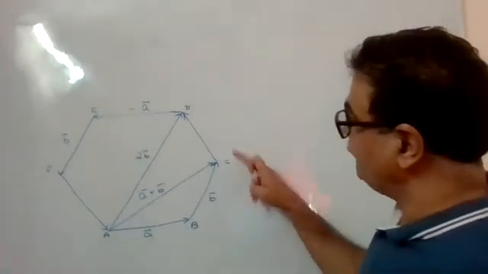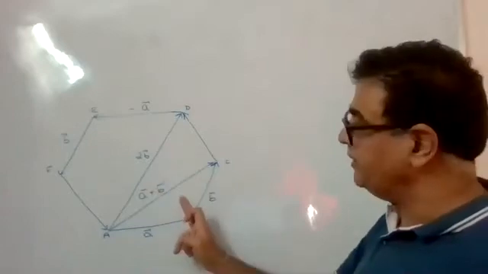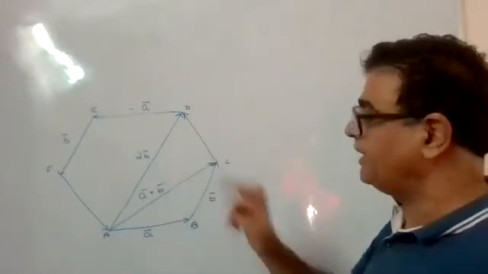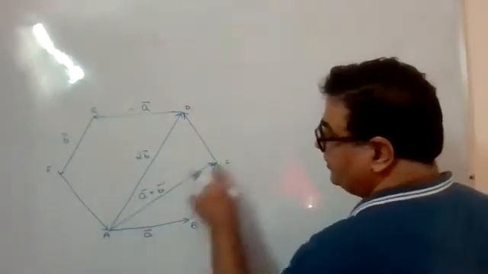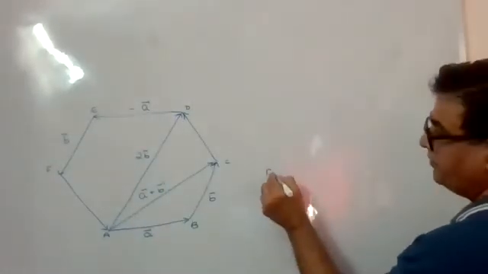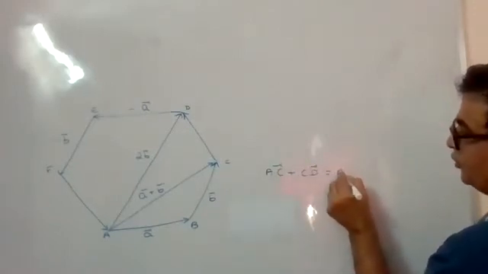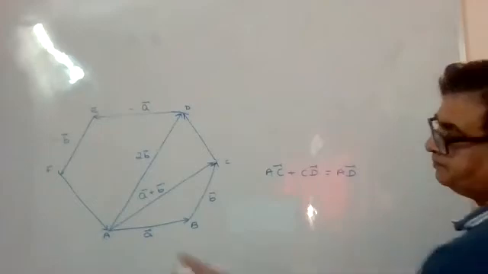And now I should calculate what is CD vector. So this we have found from our information, and this we found from the triangle law. This vector is still left. If I apply the triangle rule here, what will come? AC vector plus CD vector comes out to be AD vector.